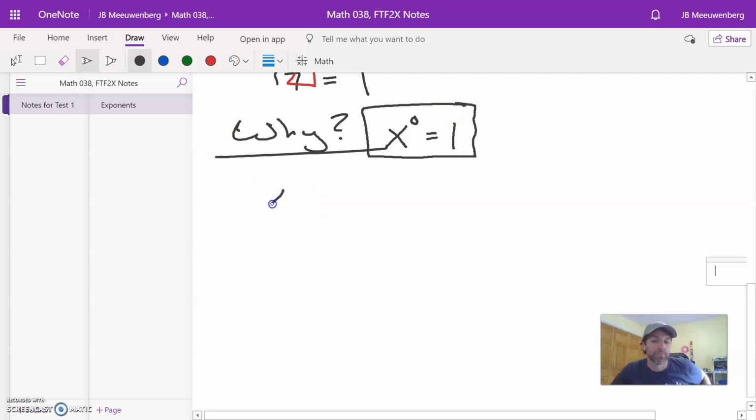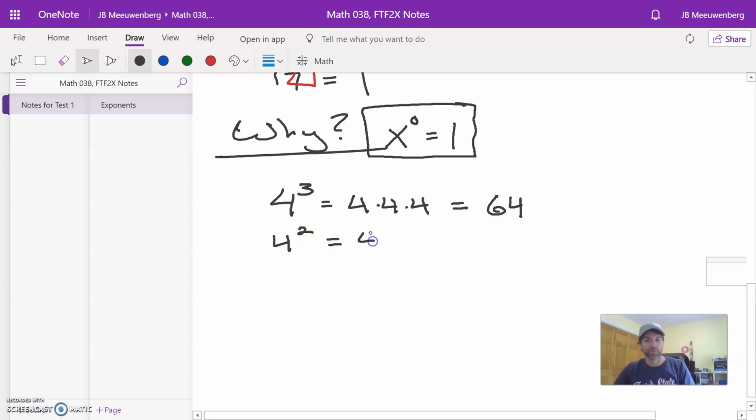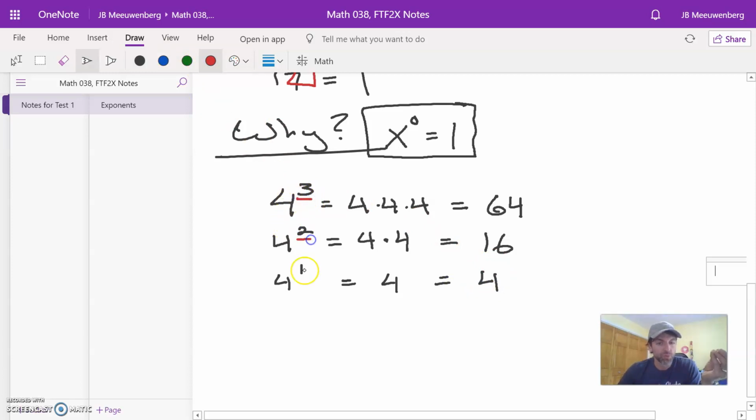Watch this little pattern. 4 to the third is equal to, now what we think, 4 times 4 times 4. And we evaluated that a minute ago, and it was 64. Now I'm going to write 4 to the second. 4 to the second is 4 times 4. So one of these 4s disappears, and that equals 16. Now I'm going to do 4 to the first. So another one disappears, and that equals 4. If you notice what's happening to our exponents, same base, exponents 3, 2, 1.